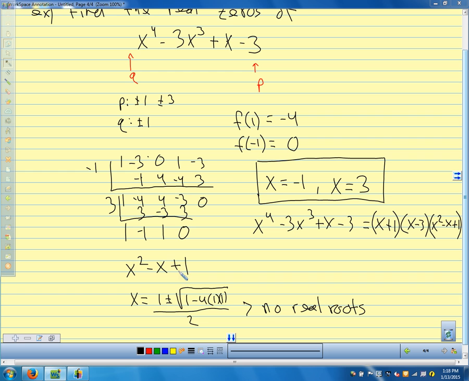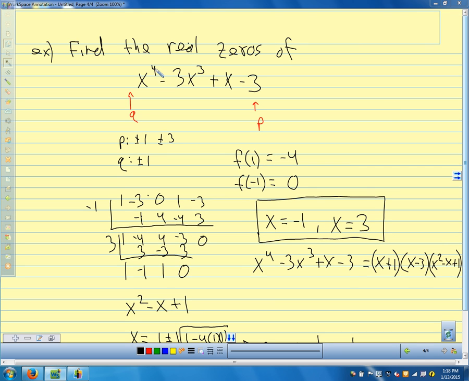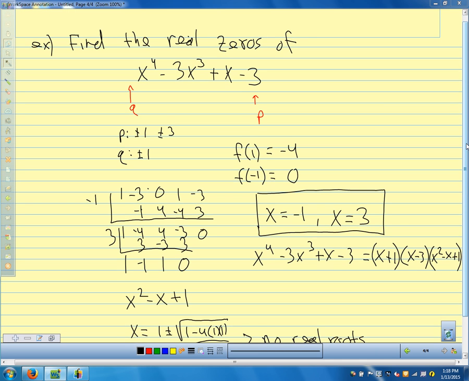So we already found the negative 1 and the 3. Those are real roots, but what's left doesn't give us any more. So the only two are negative 1 and 3, because this possibly could have 4 real roots, right? But only 2 of them are real. The other 2 are imaginary. All right, questions there?